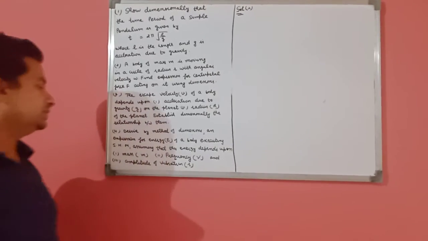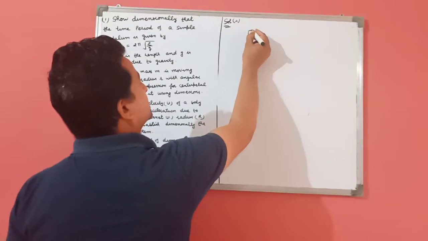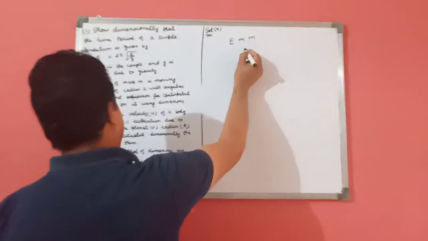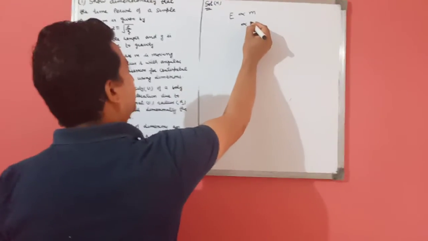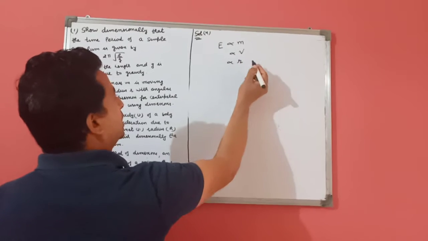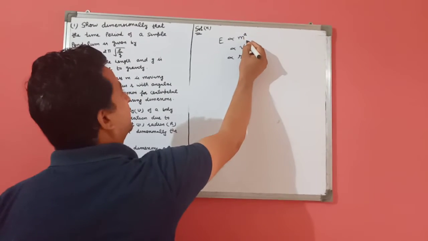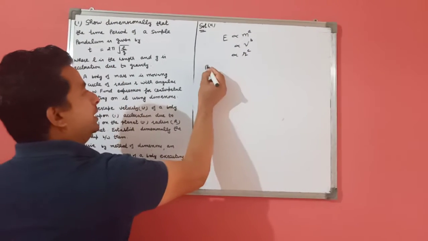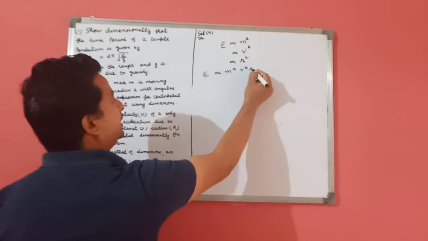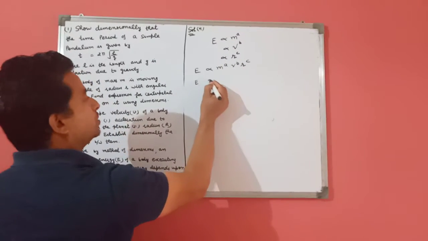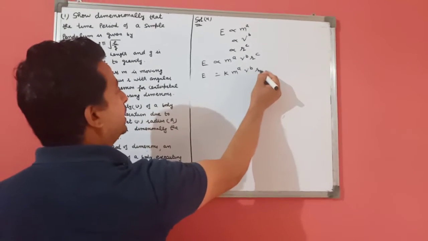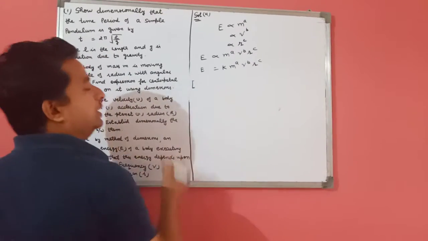Assume that this energy depends on first mass, second frequency, the symbol is nu, third radius, so we raise them to powers a, b, c. When we compare all these, m^a nu^b r^c. The constant of proportionality is k, so E = k m^a nu^b r^c. Energy.